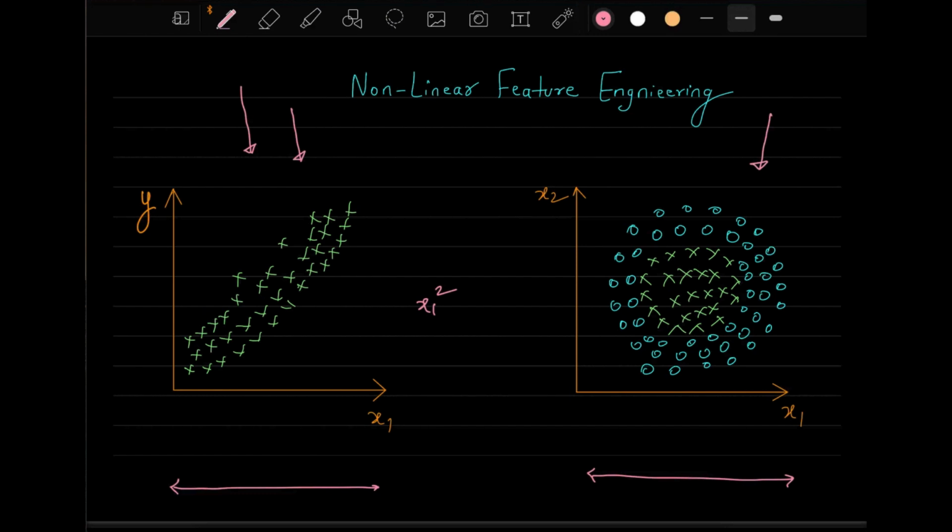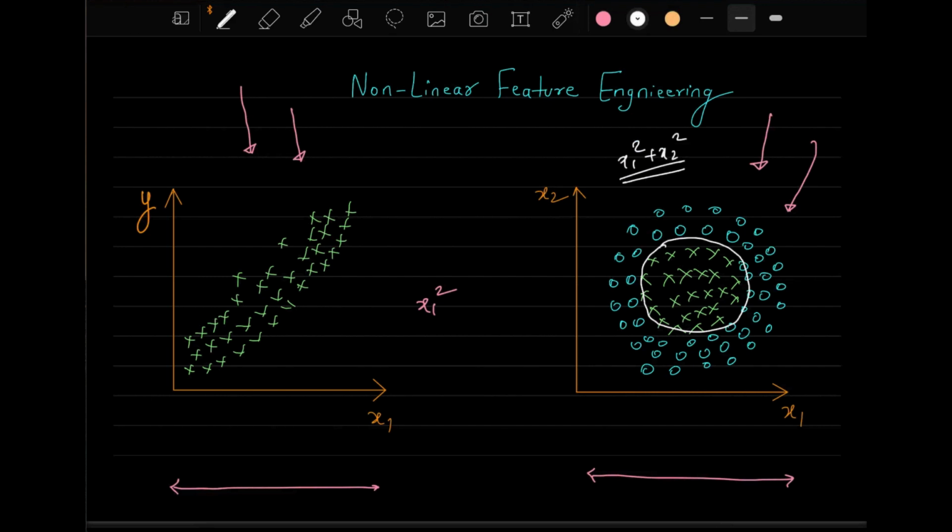Similarly, for this type of data set, you will realize immediately that for doing the classification you will need something like a circular boundary like this. In order to create this type of circular boundary, you know from coordinate geometry that you need x1 square plus x2 square.